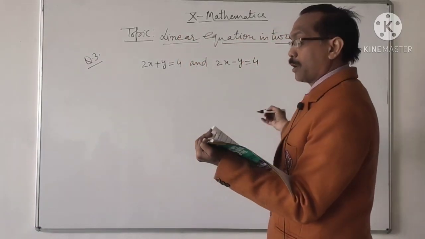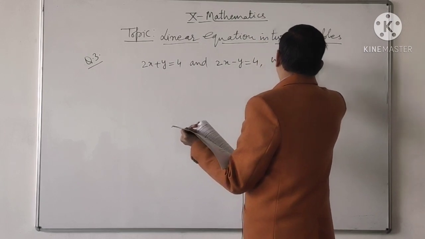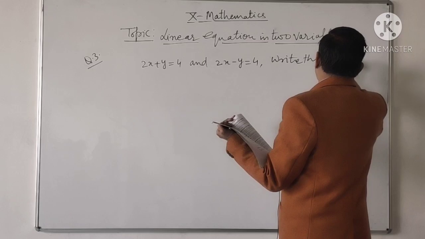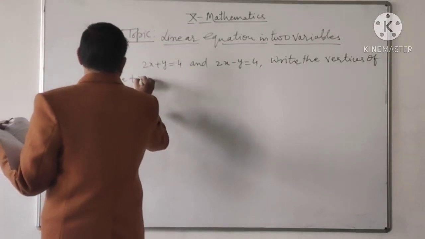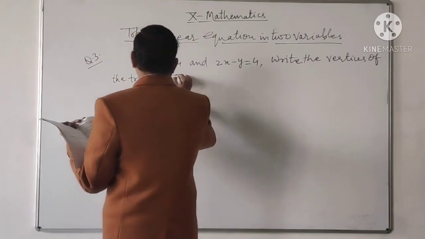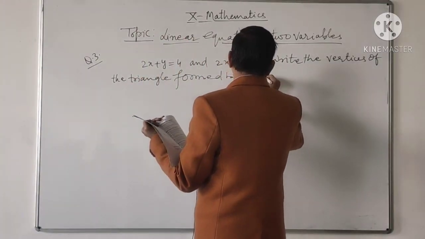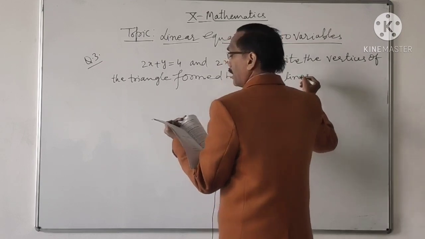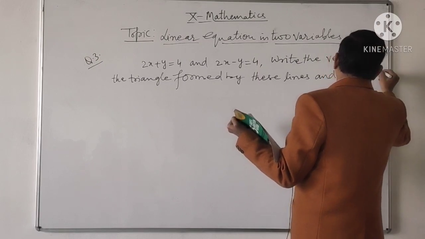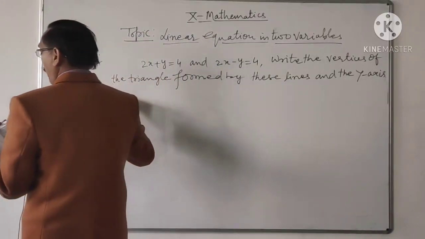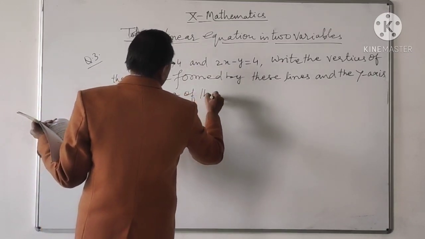Write the vertices of the triangle formed by these lines and the y-axis. Find the area of the triangle.